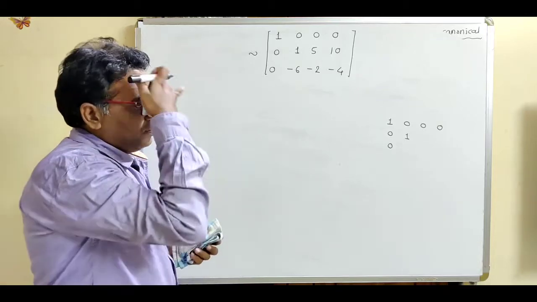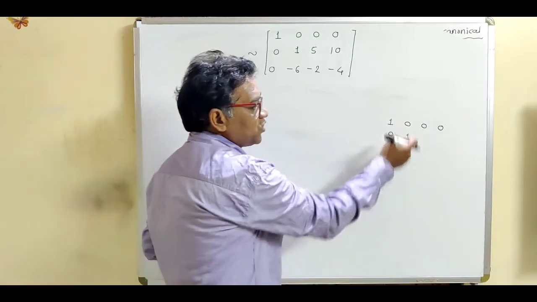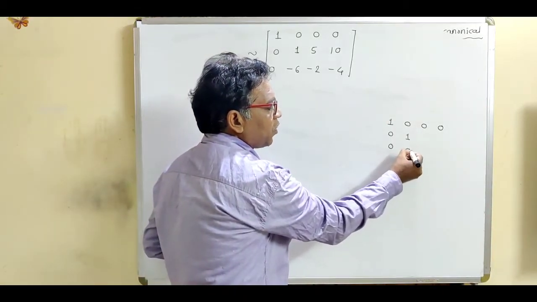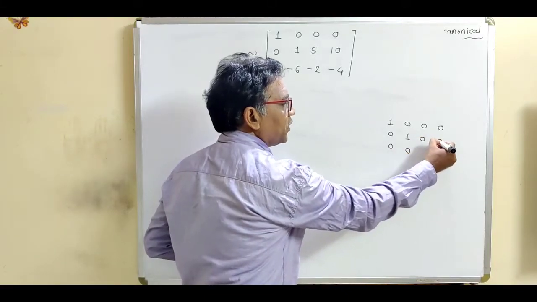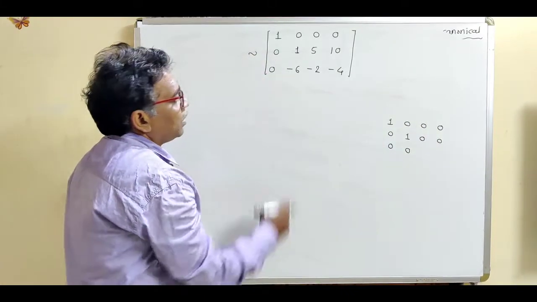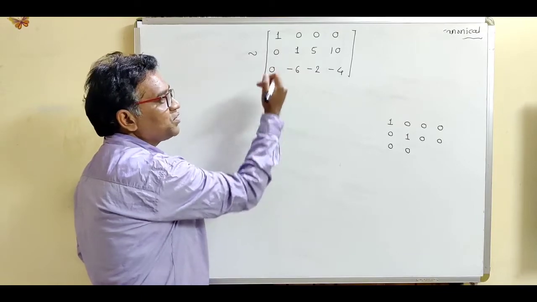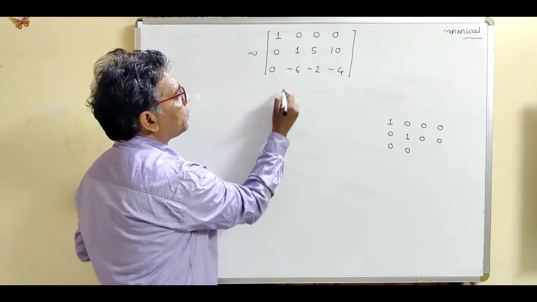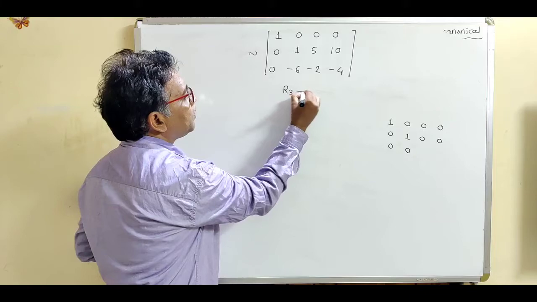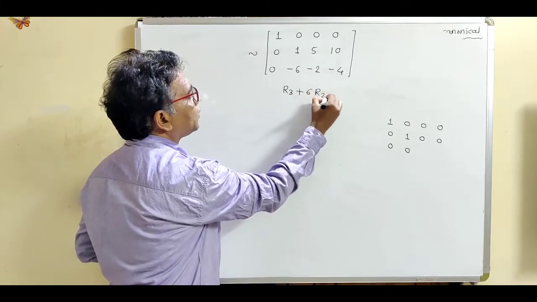Now see what is the next step. By using this one, now make the corresponding column 0 as well as the corresponding row 0. Now for this lower element, we use the row operation: R3 plus 6 times R2.